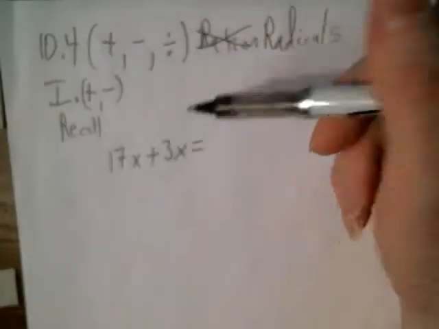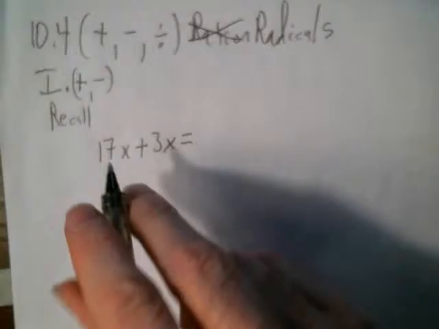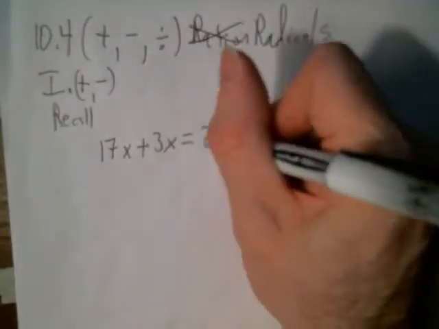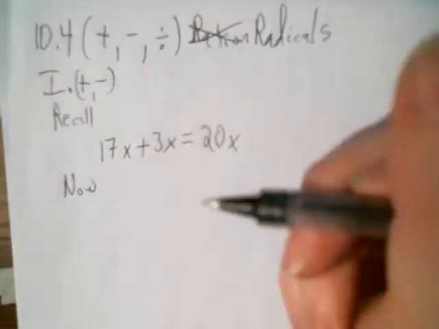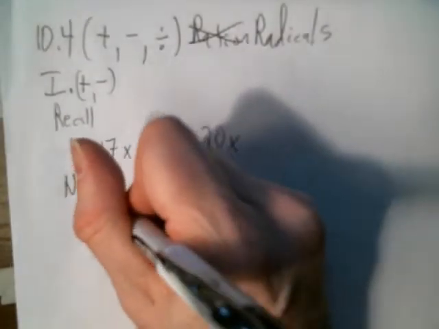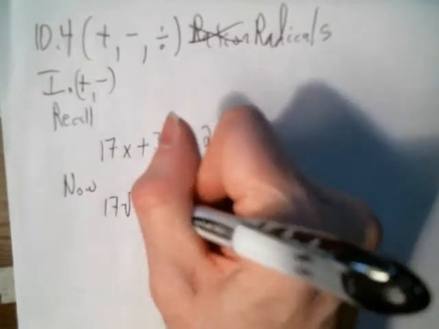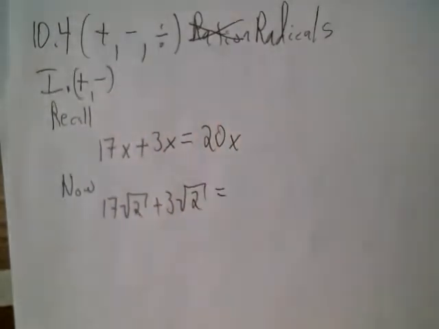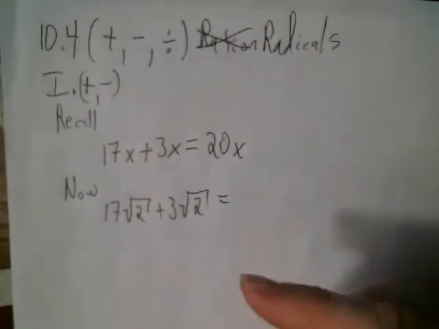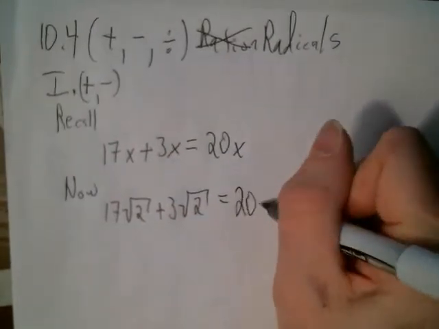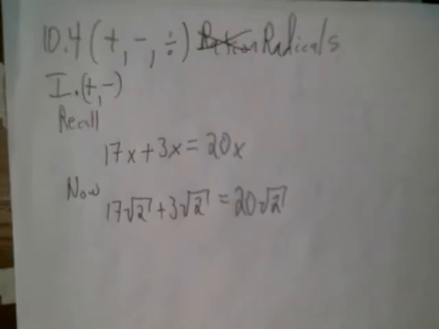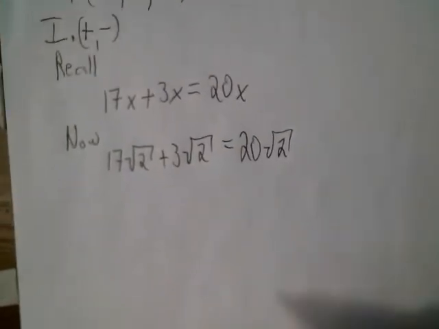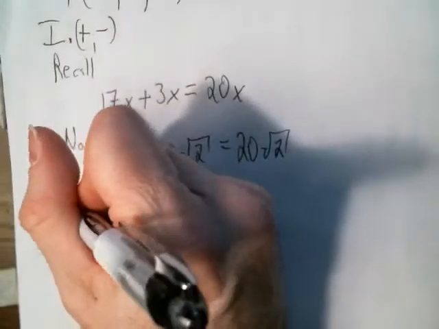If you have 17x plus 3x, you just add the coefficients together, so you get 20x.